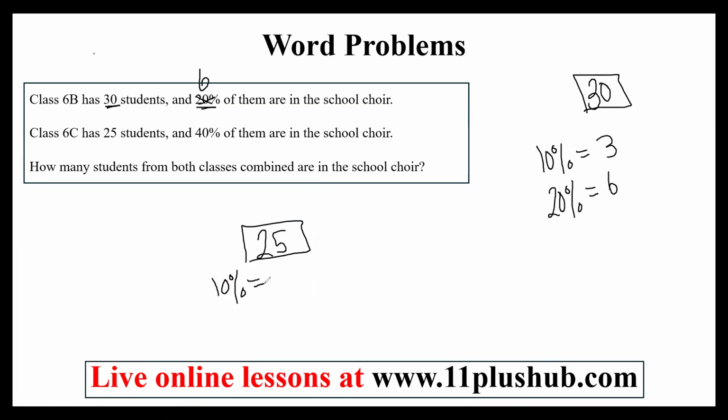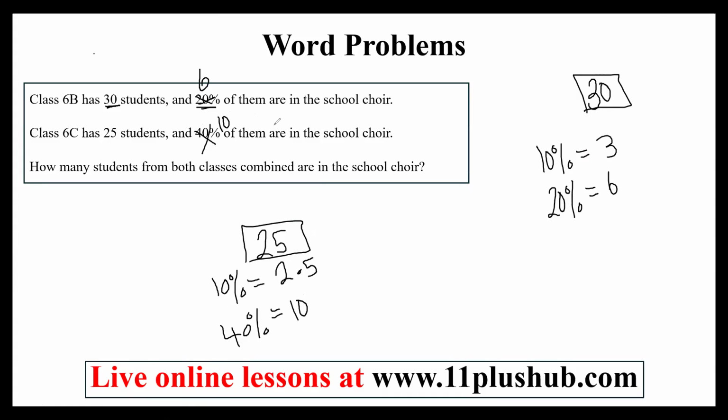Remember, decimal point at the end, move it one step to the left. It's going to be 2.5. Now we're looking for 40%. We're not looking for 10%. So what do we need to do? We need to multiply 2.5 by 4, which is going to be 10. So I can get rid of this and replace it with 10.